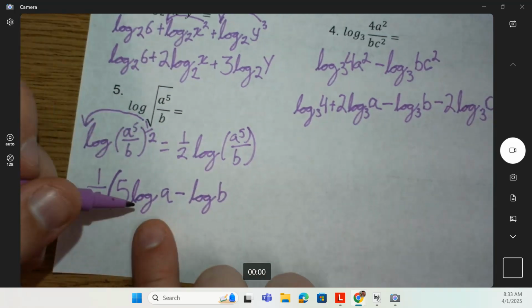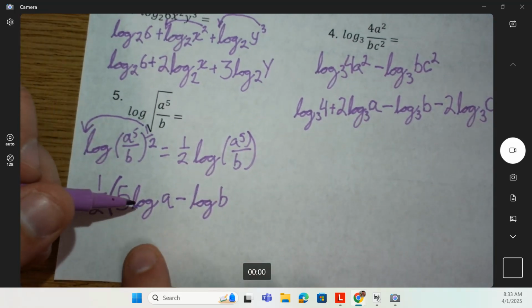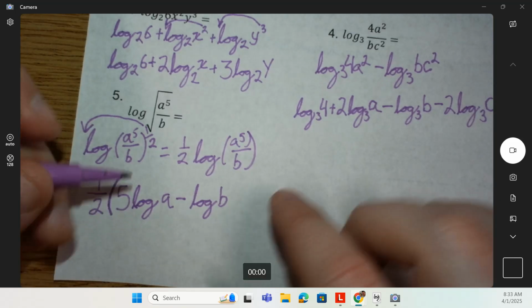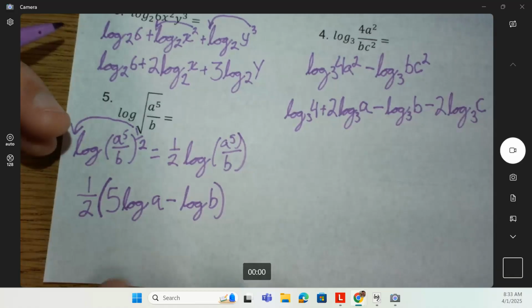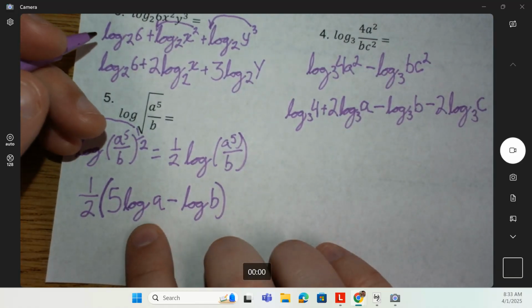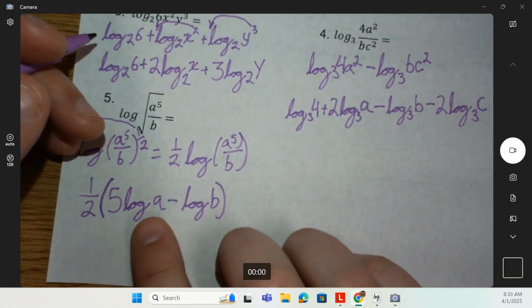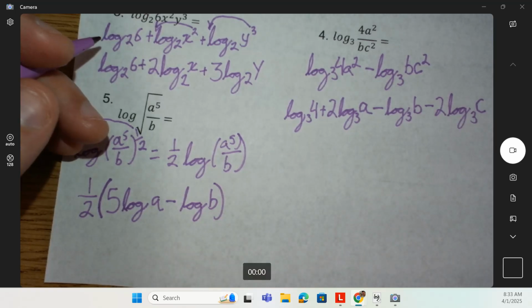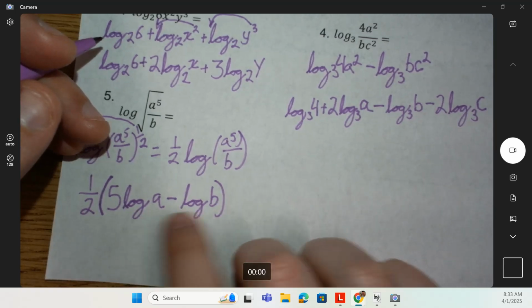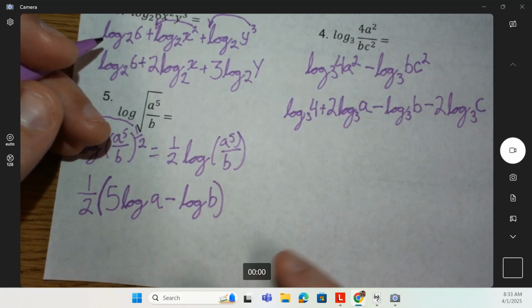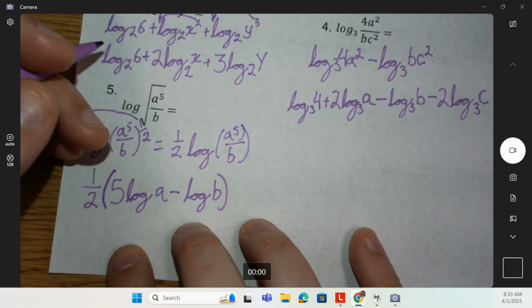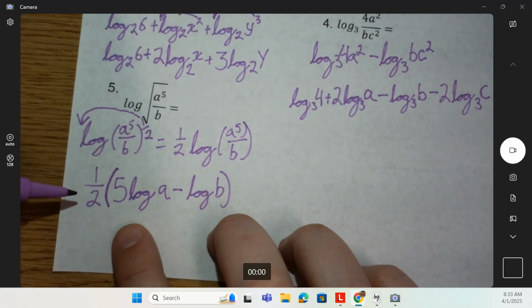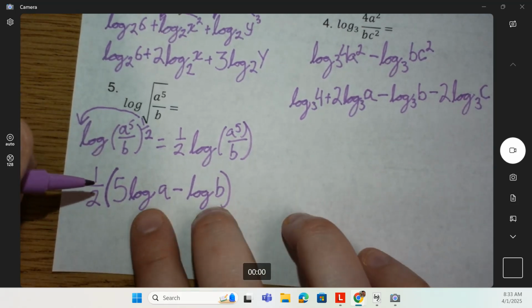And anytime you don't have a subscript number down there, we consider that to be 10. And so anytime you're working with logarithmic functions, you normally are going to adjust them to where you get a 10 down there, so that you're looking at something to the power of 10.